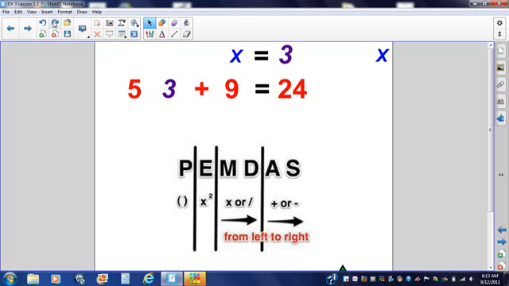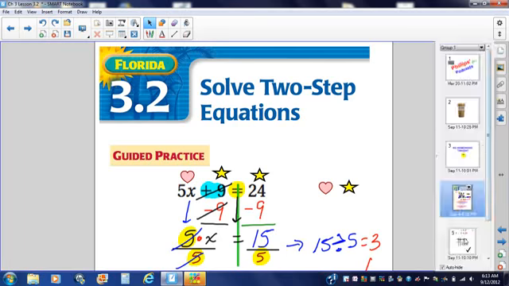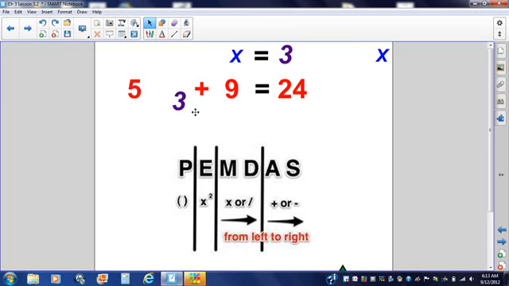Now, before I did that, I should have told you, my bad, that when the 5 coefficient is touching the x, that means multiplication. So now I'll take out the x, and I'll put in the 3.